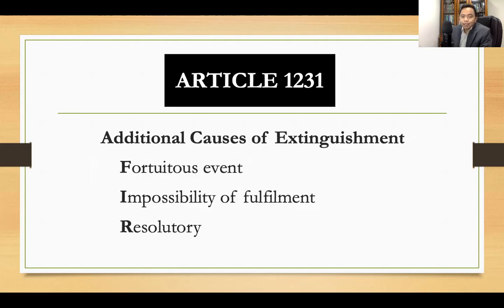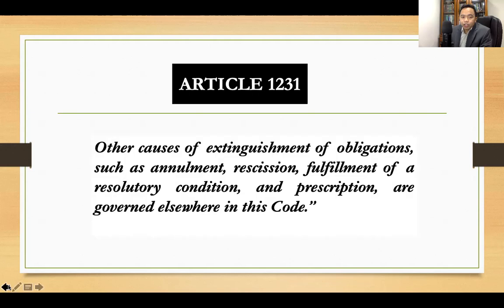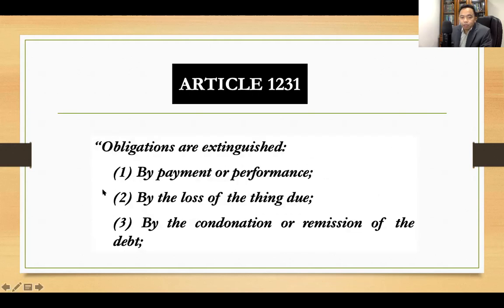Now, aside from these enumerations under Article 1231, you have payment, loss of the thing due. I think we have discussed this in the previous lecture. Now, if the thing is determinate and it was lost without the fault of the debtor through a fortuitous event, then the obligation is extinguished.